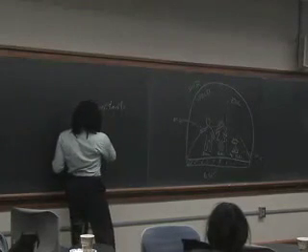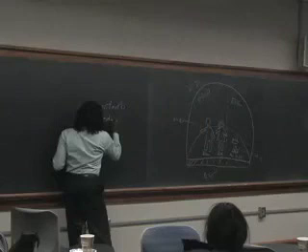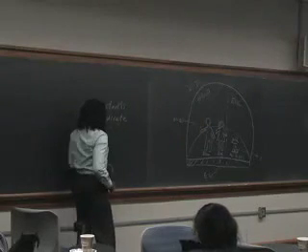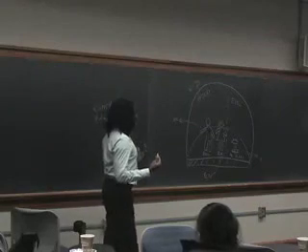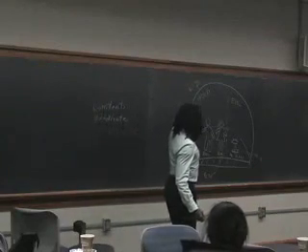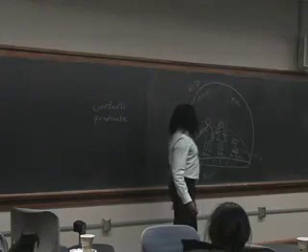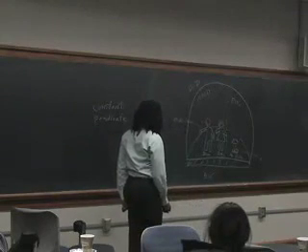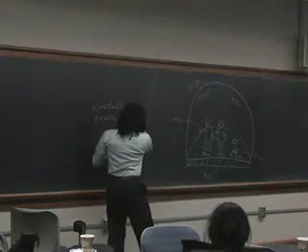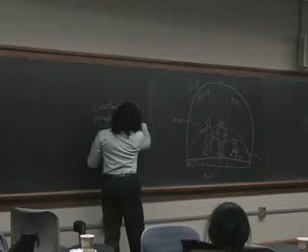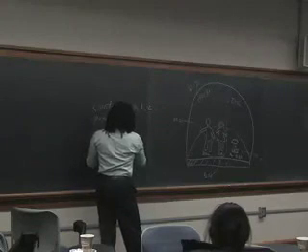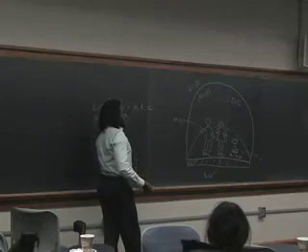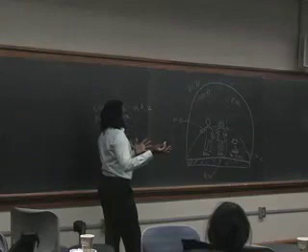A next key term is a predicate. And a predicate allows us to make claims about individuals in a domain of discourse. So, for example, whereas constants are represented by lowercase letters from the first half of the alphabet, predicates are represented by uppercase letters from anywhere in the alphabet.